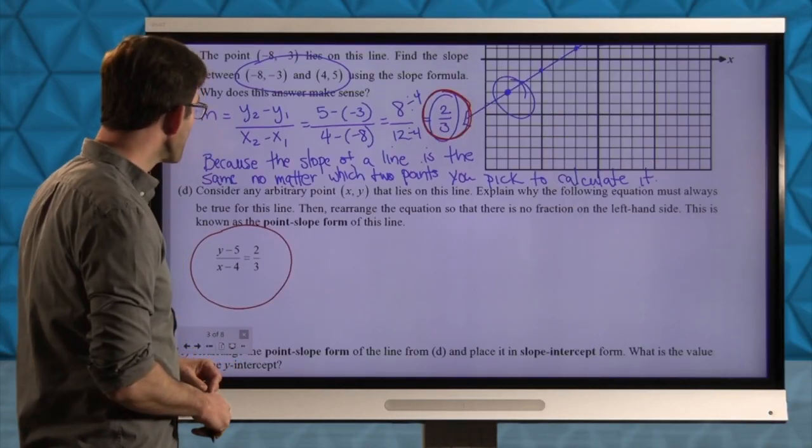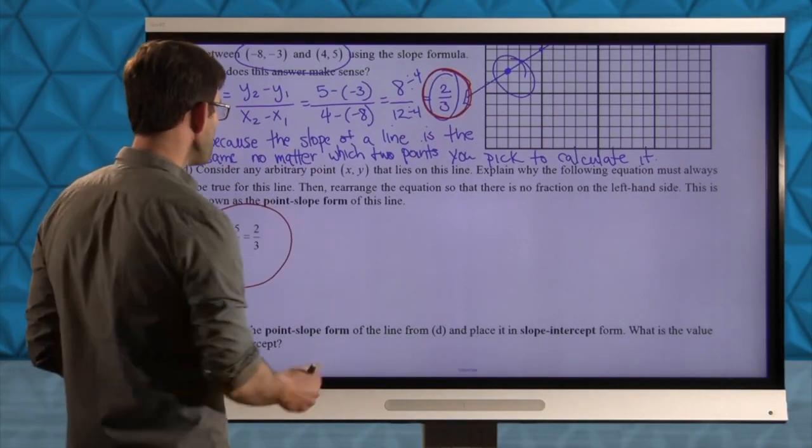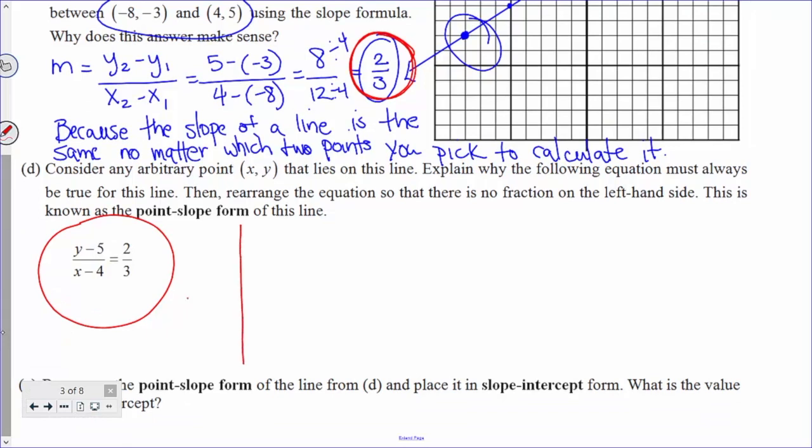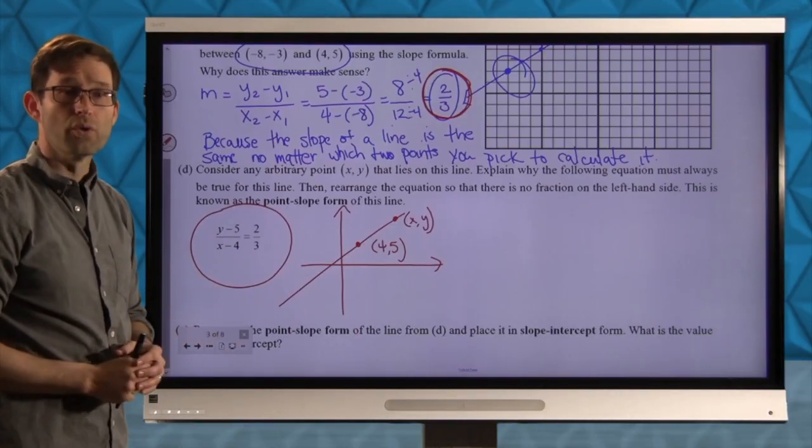Okay, so if I've got this line, and I've got the point 4, 5, and I have some other point that I'm calling x, y, why does that equation have to be true?